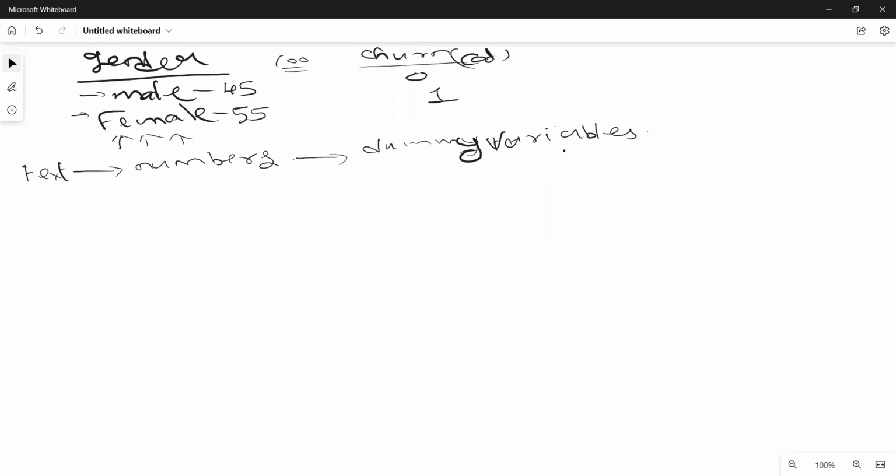Can you tell me why we need to convert the text into numbers? Why can't I use this gender as it is? Why should I do this conversion?